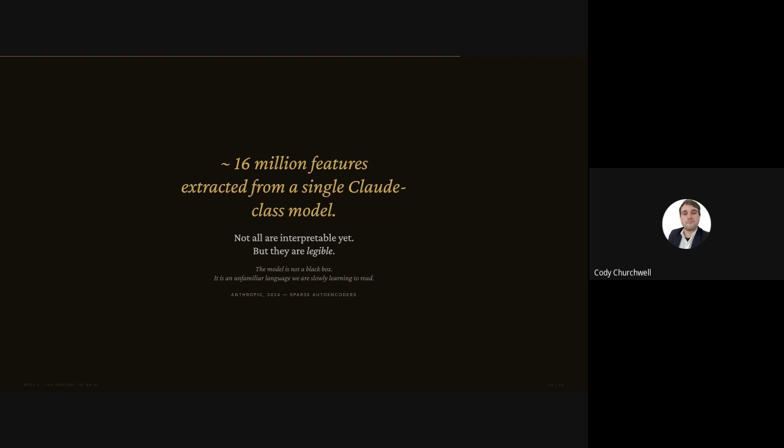A few are active. Anthropic's 2024 Scaling Monosemanticity paper extracted roughly 16 million features from a single Claude class model. Not all interpretable yet, but legible.